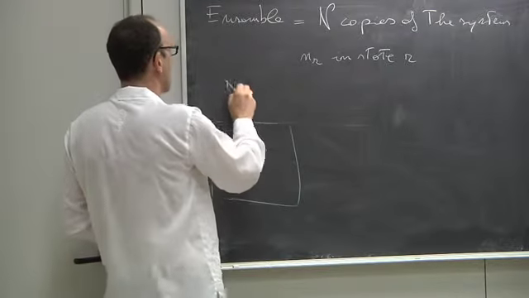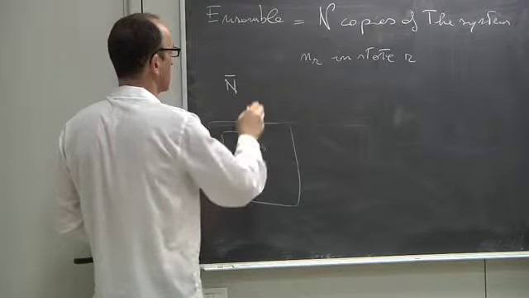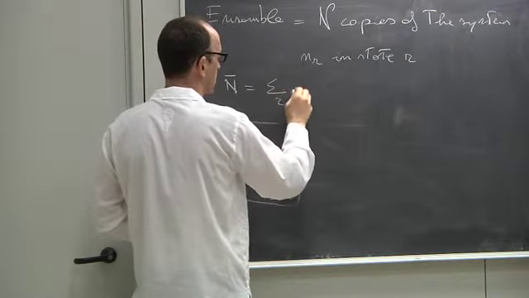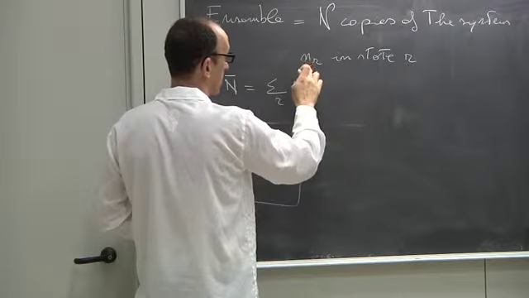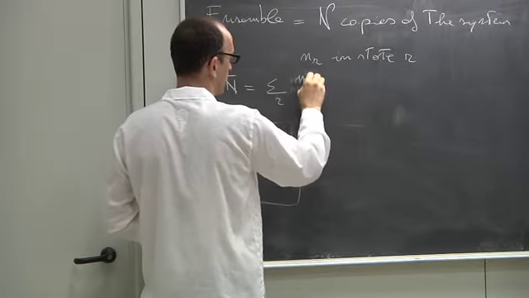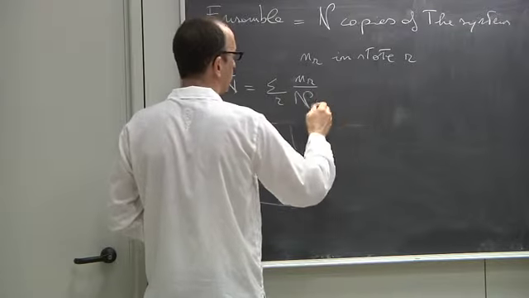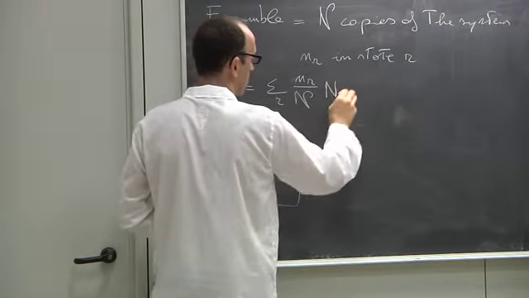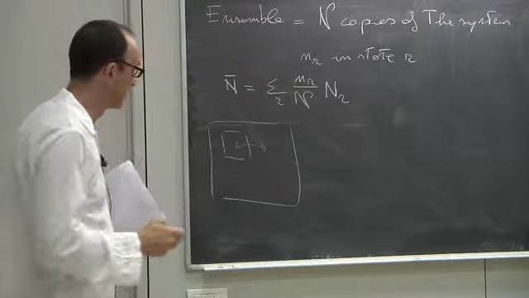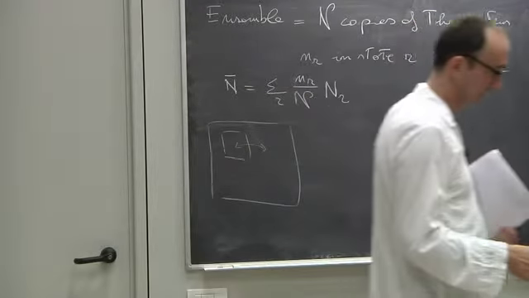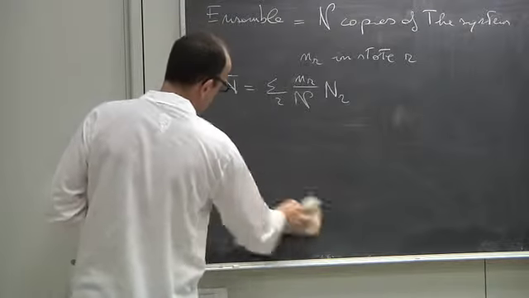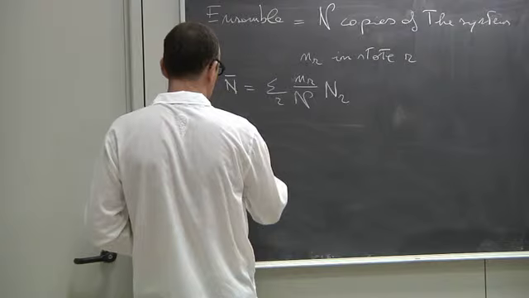So we want this average number to be the average over this population of the number of particles in the state R, and the average energy will also be given.